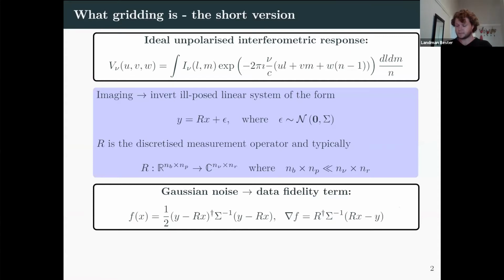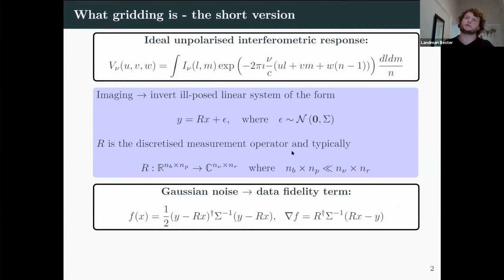So a radio interferometer, we know, responds to an image of the sky according to this relationship, right? And it would be a 2D Fourier transform were it not for this w term over here. Anyway, the integral can be discretized and we end up with a linear model of this form.